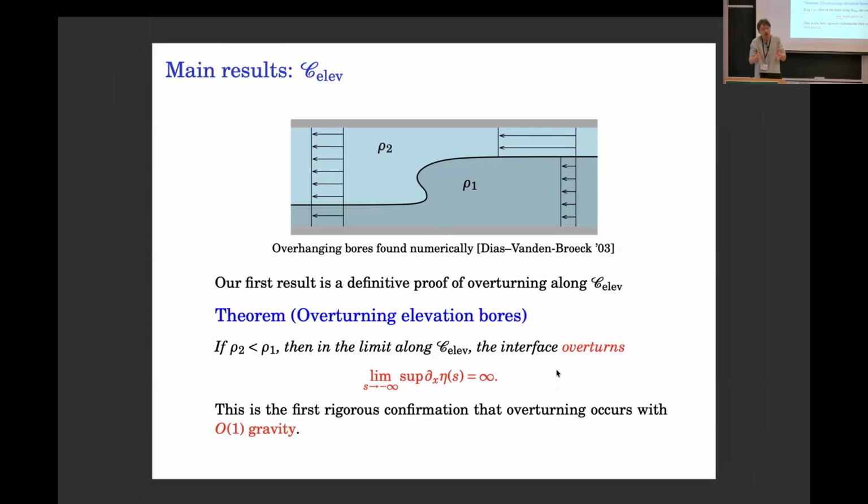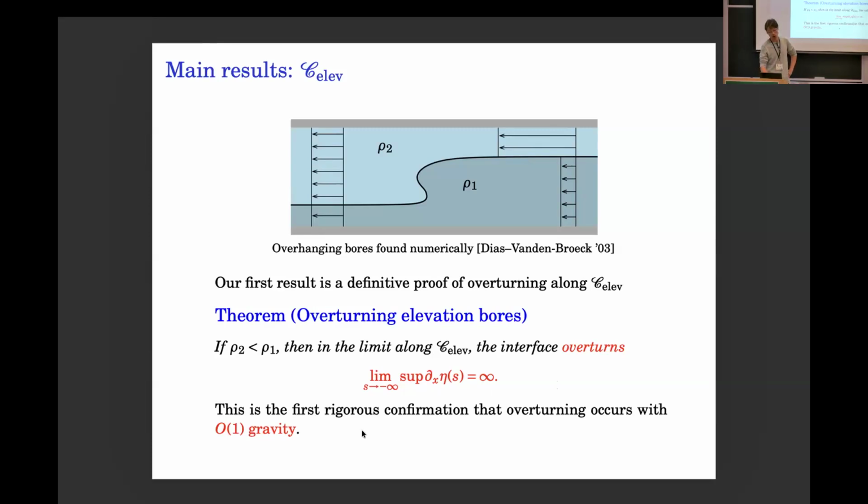Our framework does not allow us to go past the overturn to get to the overhang, but at least we know that the surface interface profile will necessarily develop a vertical tangent. So there will be an overturning wave at the end of the bifurcation curve.